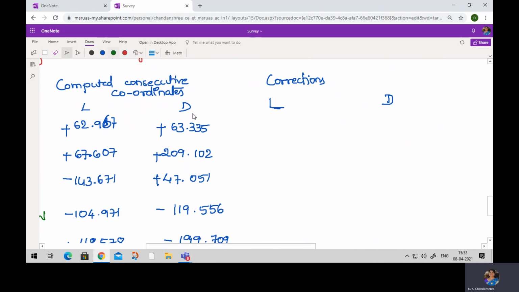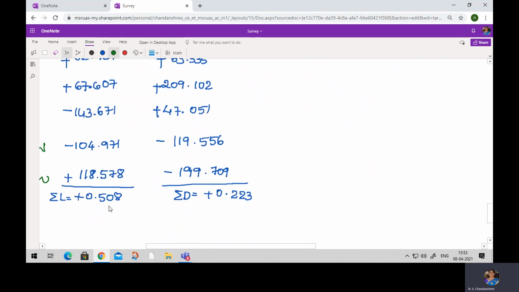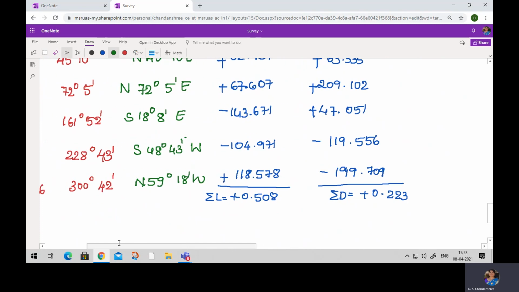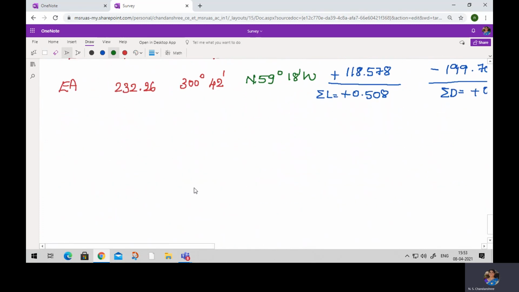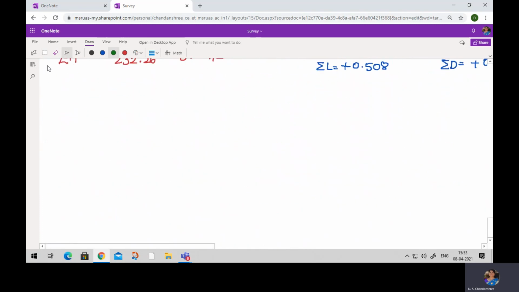Here we are using Bowditch's rule. What does Bowditch's rule say? It gives the correction for latitude or the correction for departure.